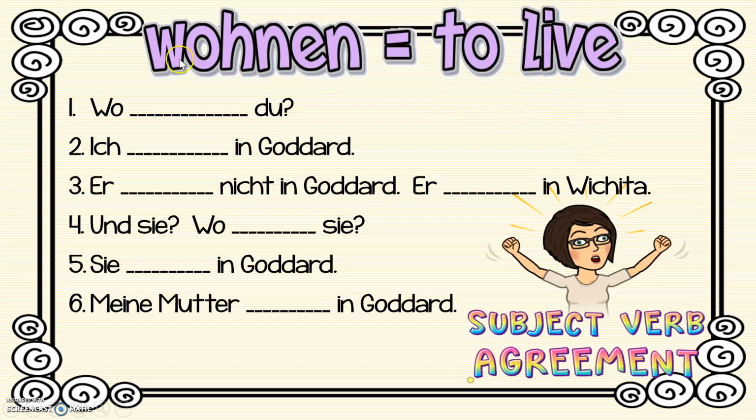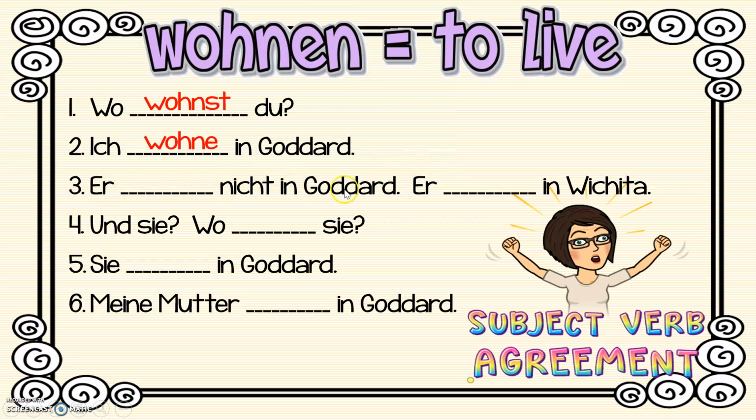So now let's take a look at the verb wohnen. This is the infinitive form, and in English the infinitive is to live. We're going to drop this en off, figure out what the subject in each sentence or question is, and put the verb in. So this first one is, where do you live? Du is our subject, so we're going to take the en off, and remember dust, so this one's going to be wohnst. I live in Goddard. Take the en off, and the ending for ich is e, so ich wohne.